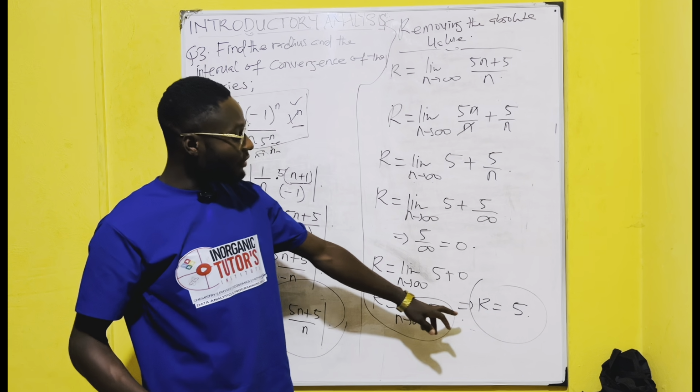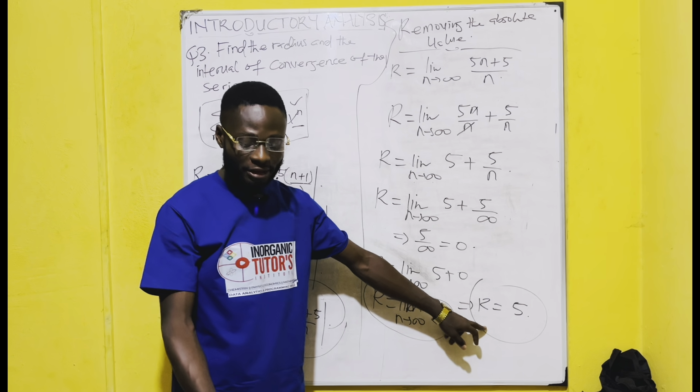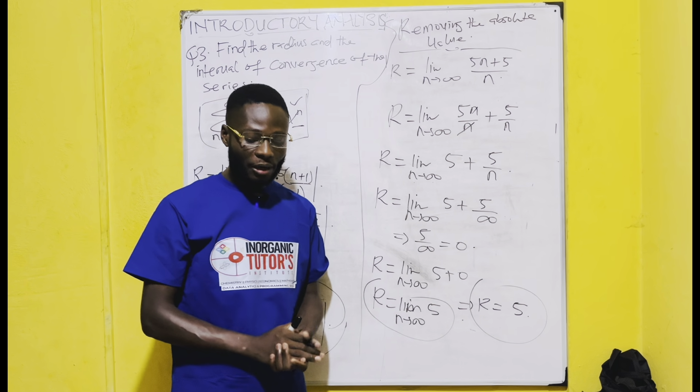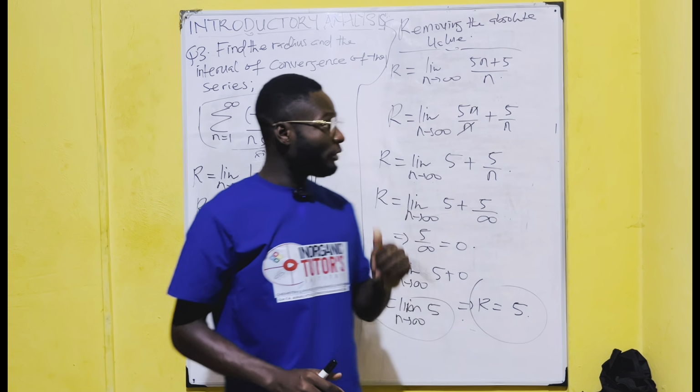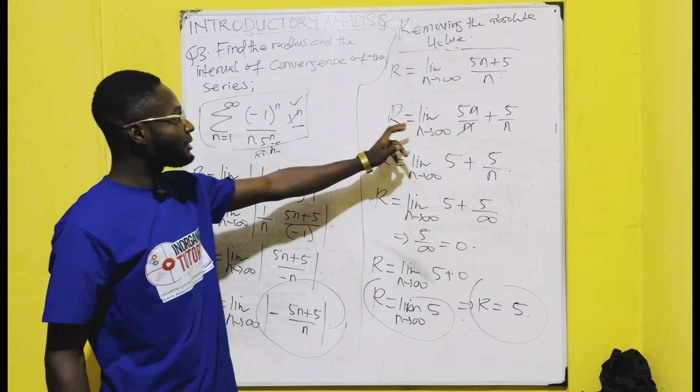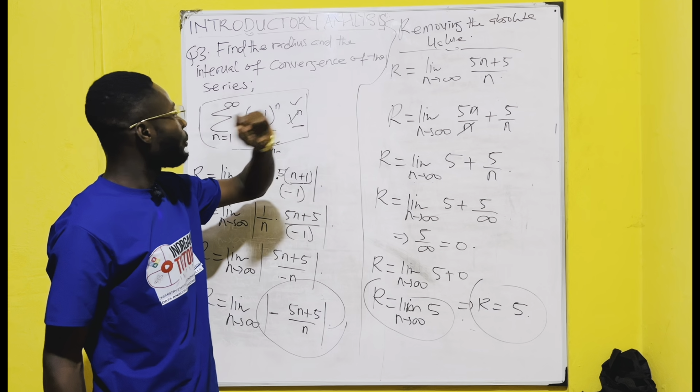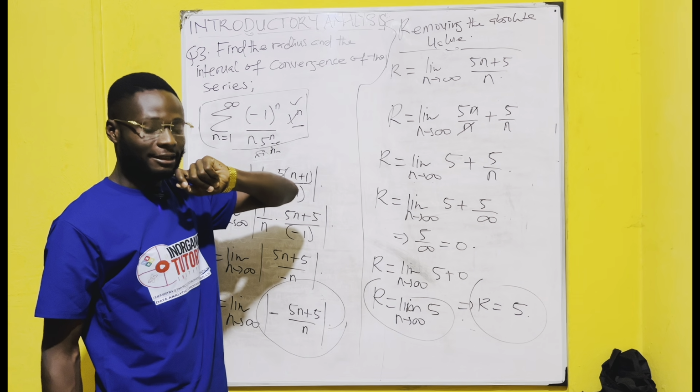So now that we have our radius of convergence to be positive 5, what are we going to do? This basically implies that, remember, when we were doing it, we had an absolute sign in it, right?